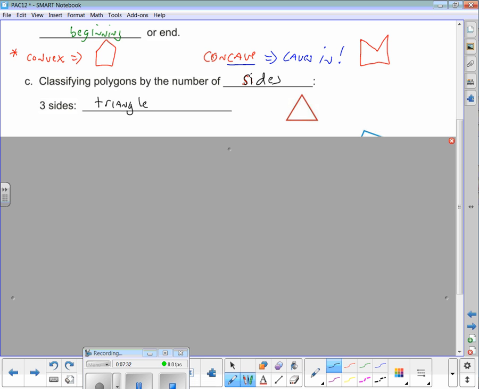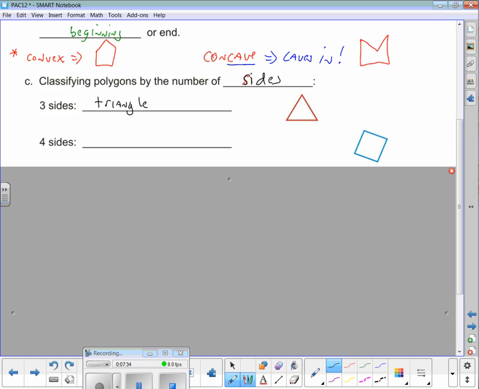A lot of people don't know the name of the second one. By the way, you can't have a polygon with two sides. You know why? There's no way to close it. So there's no such thing as a two-sided polygon. The smallest number of sides is 3.